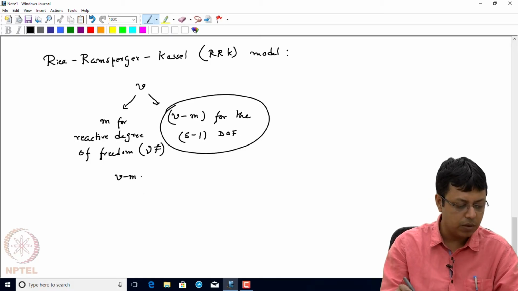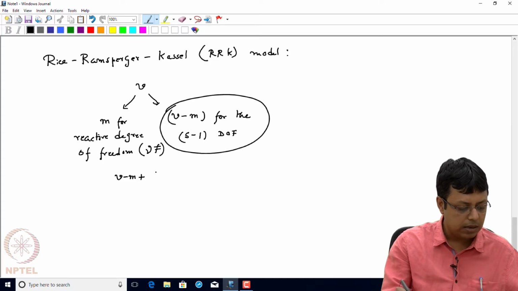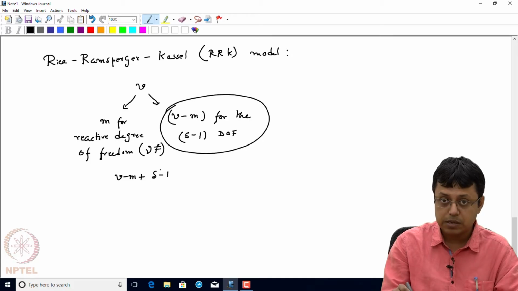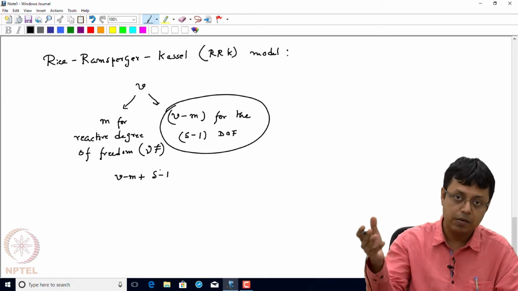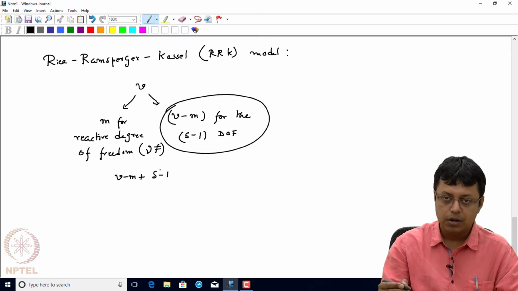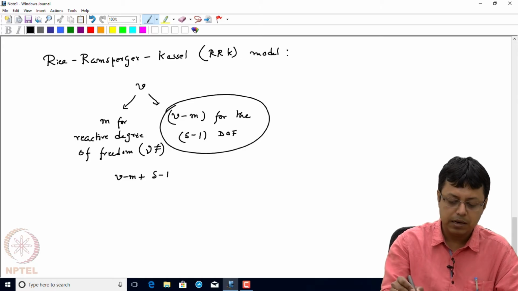You can ask this question, why am I writing it as s minus 1, why not s minus 2? Because I actually have s minus 1 degrees of freedom, and considering our partition thing, it should be s minus 2, but the reason here is that it is basically a joint probability.